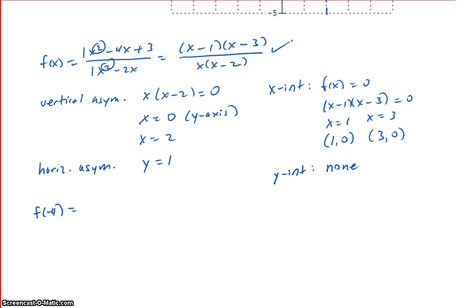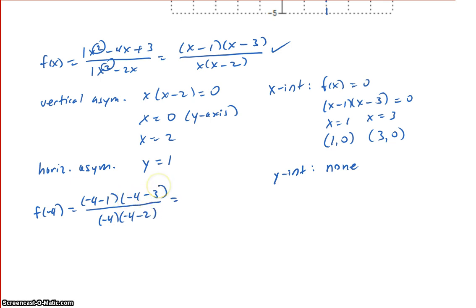So substituting in negative 4, we would get (negative 4 minus 1)(negative 4 minus 3), all divided by (negative 4)(negative 4 minus 2).